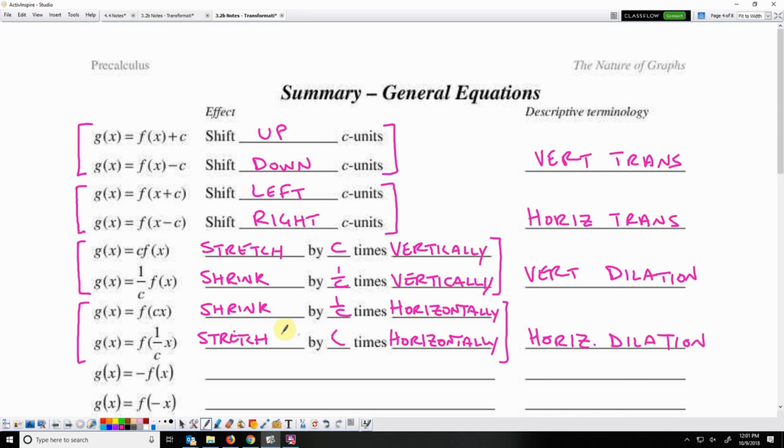So when I'm multiplying outside by a constant, I'm getting taller. By the reciprocal of that constant, it's getting shorter. When I multiply inside, it's getting narrower. But by the reciprocal of that constant, it's getting wider. When I multiply by a negative outside of a function, I'm going to flip over the x-axis.